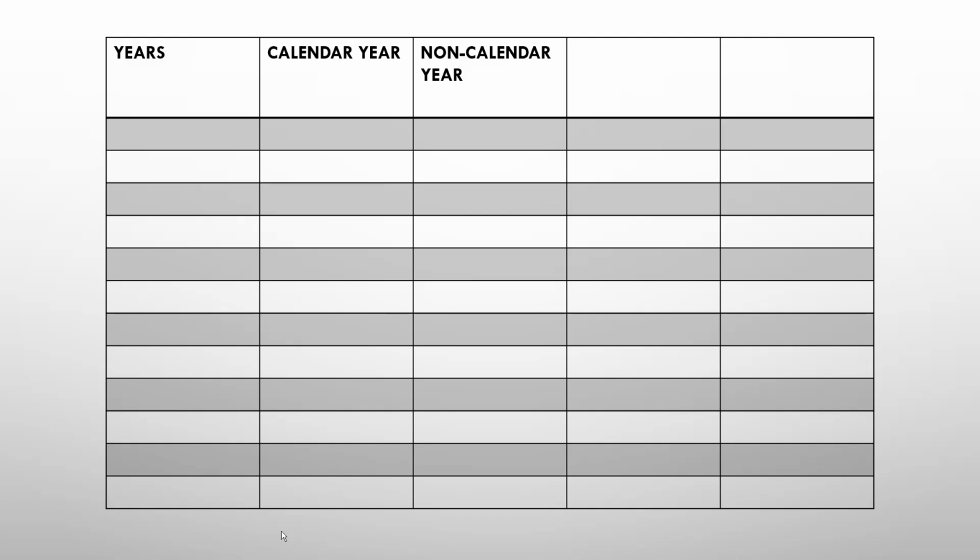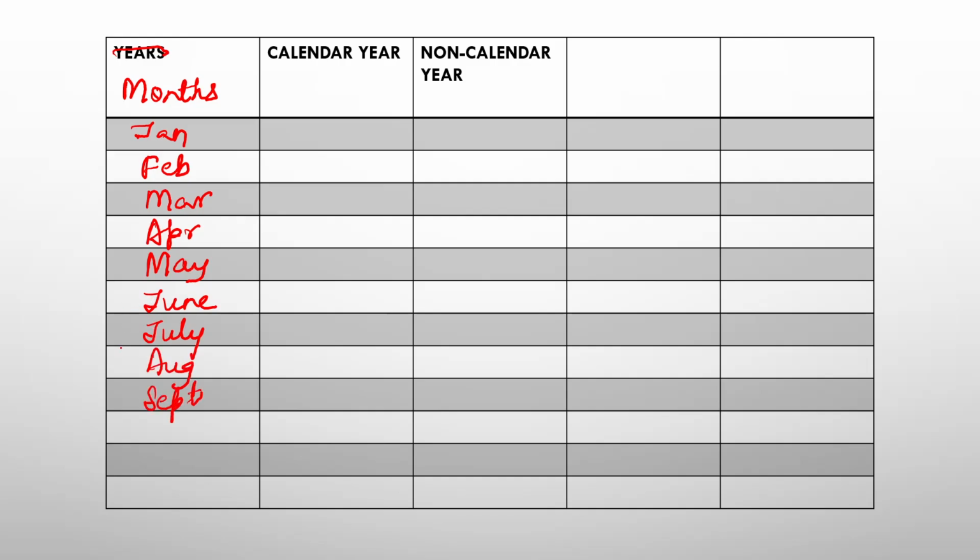So, say the year, I have corrected it in the last class as well. These will be the months: Jan, Feb, March, April, May, June, July, August, September, October, November, and December.